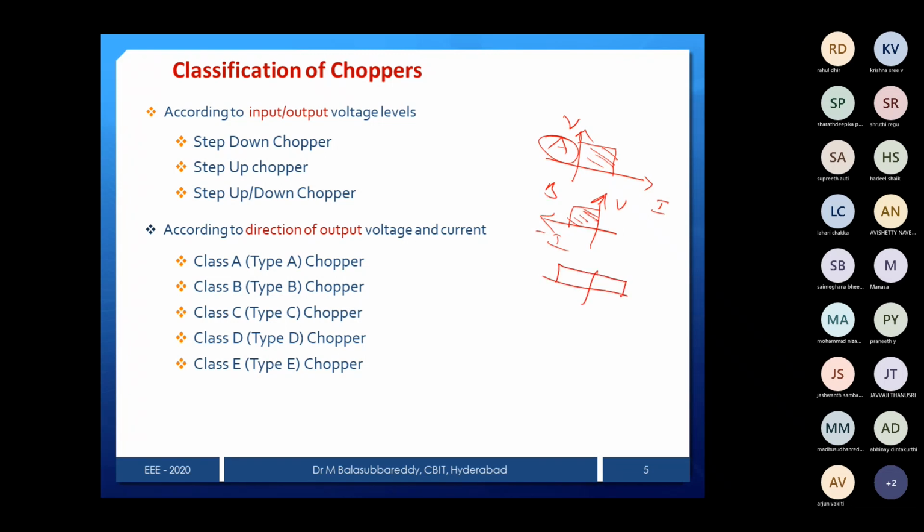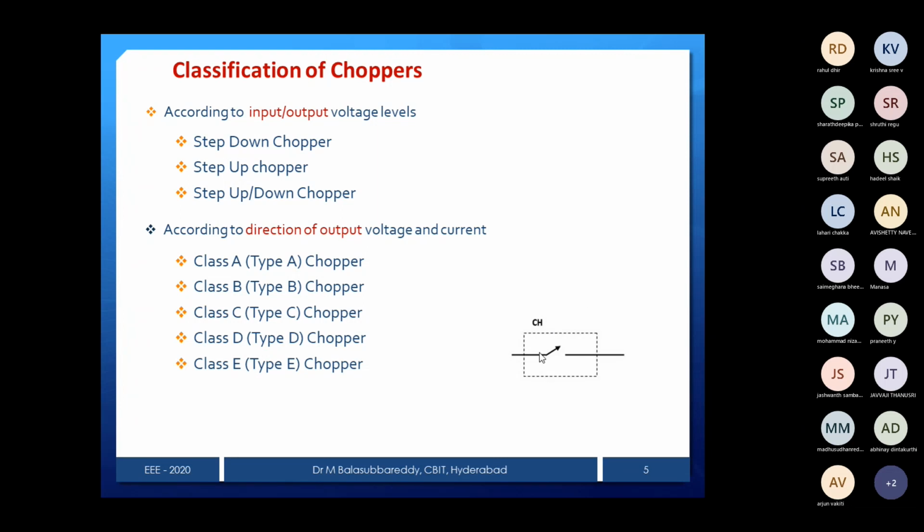And if both are required, then we call it a type C chopper. Type or class, both are the same. And then another one we will get is first and fourth quadrant operation. This is type D. And all four quadrant operation, that will be type E. Like this, based on the direction, or you can say the output voltage and current, we can divide the classification, that is type A, type B and so on, or you can say class A, class B and so on up to class E chopper.